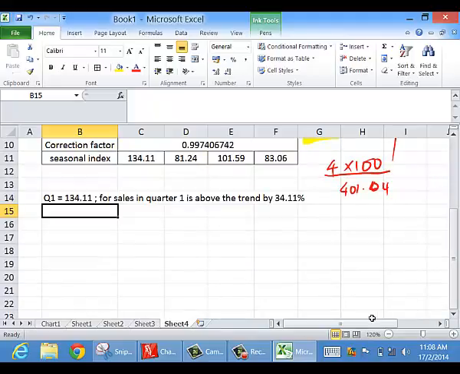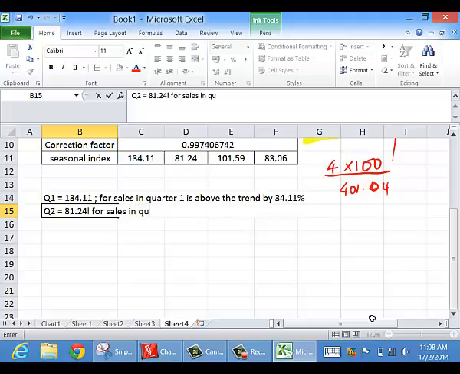So sales for quarter number 2 equal to 81.24. It means that for sales in quarter 2 is below the trend by how much? 100 minus 81.24, 18.76%.